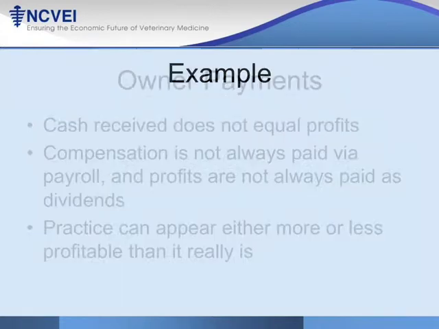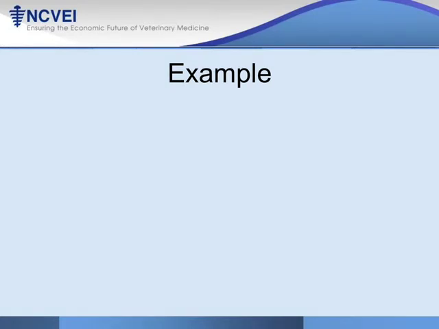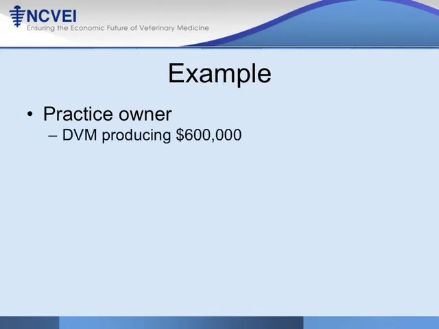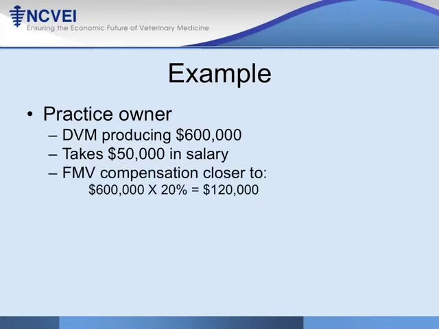So let me give you an example on owner compensation. Let's say that you have a veterinarian in a practice, an owner who is producing $600,000 a year. And on the tax return, he or she shows $50,000 in salary. The fair market value compensation for this owner would be closer to $120,000.